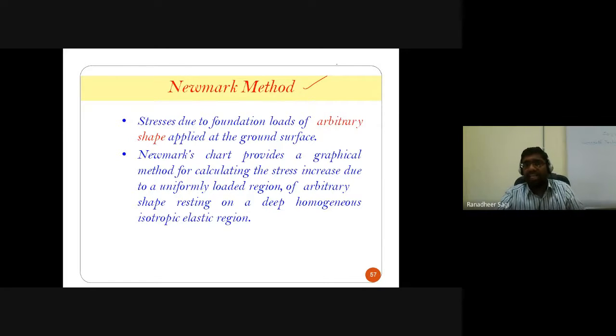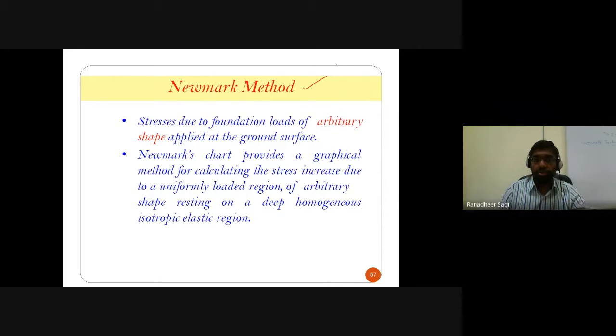But the advantage with Newmark's chart is that it's not for a particular shape of the loaded region. It need not be a rectangular or square loaded area, or a circular loaded area. It's a uniform pressure, but need not be of a shape such as a rectangle, a square, a circle, or a triangle, something of a known cross section.